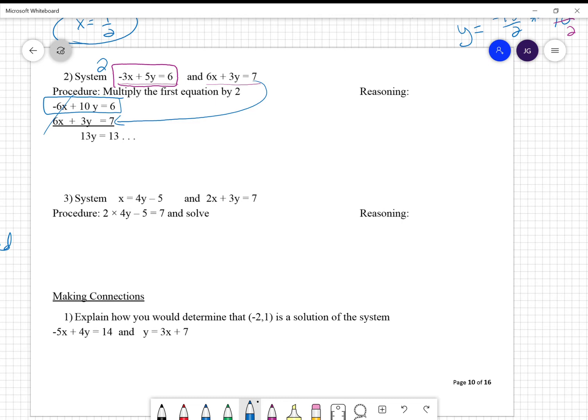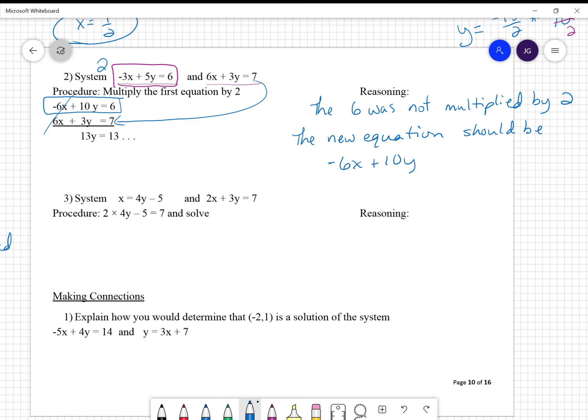What is wrong? The 6 was not multiplied by 2. The new equation should be negative 6x plus 10y. So that part was correct, but the right-hand side should have been 12, not 6.